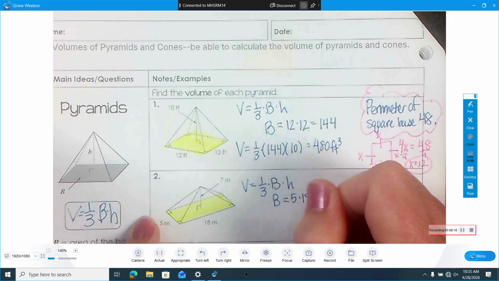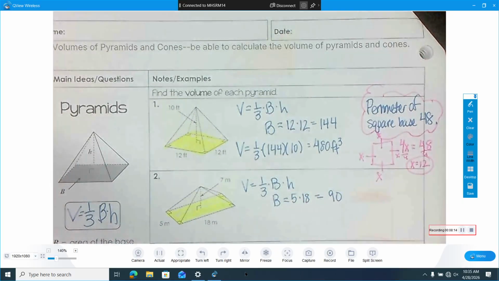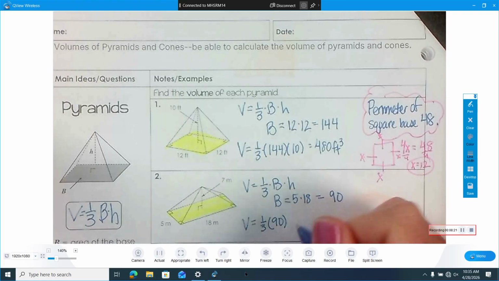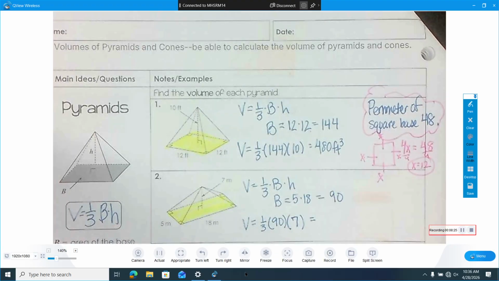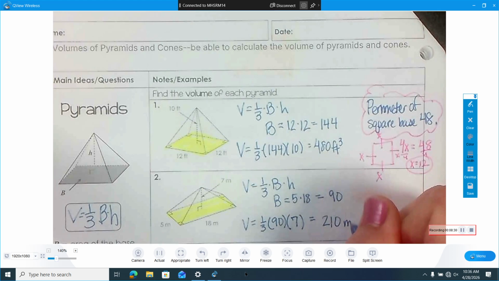So 5 times 18 is 90. And so our volume is going to be 1/3 times the area of the base, which is 90. And what's our height? 7. 30 times 7 is 210 meters cubed.